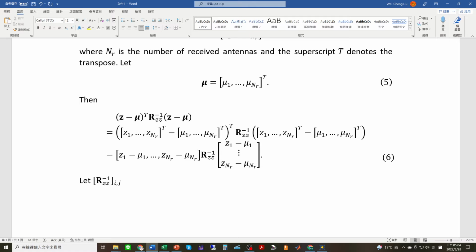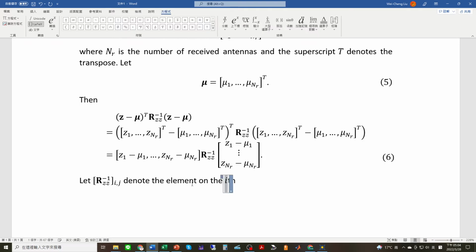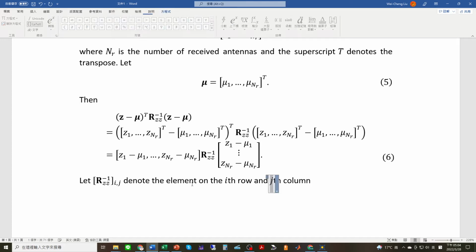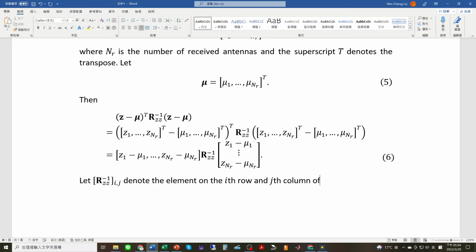That RZZ inverse ij denotes the element on the ith row and jth column of RZZ inverse. Then, let us continue.